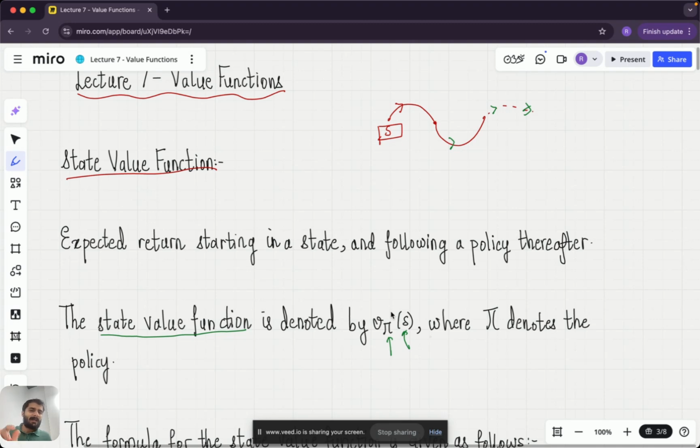Actually, you can pause here and write down the expression for v pi of s simply based on the discussion on expected return we had in the last lecture. So just pause this video, take some time to see if you are able to come up with an expression for this. If not, let's try to understand it together.